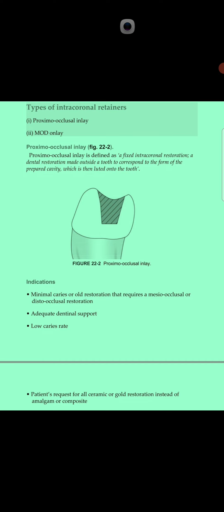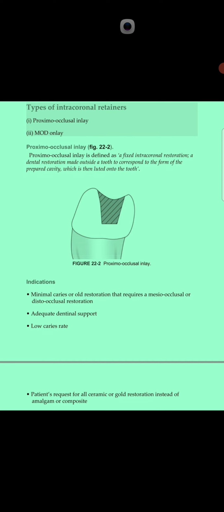In indications, if there is minimal caries or old restoration that requires a mesio-occlusal or disto-occlusal restoration, this is the first indication. Second, if there is adequate dental support, again we give an inlay.